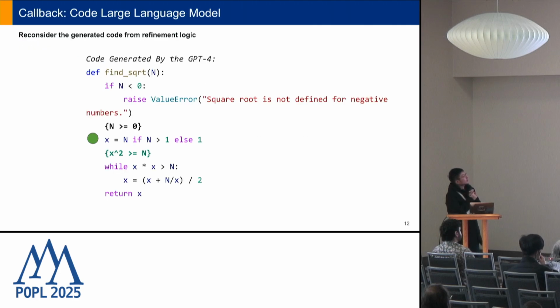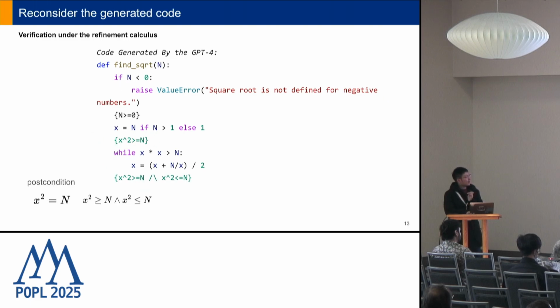If we go back to the code from the large language model and reconsider the generated code from the refinement logic, we can find that the code generated by GPT-4 just follows this idea: when n is larger than or equal to 0, it assigns x equals n if n is larger than 1, else 1. In that case, we have a postcondition that x squared is larger than or equal to n. So how can we get the final postcondition, that x squared equals n?